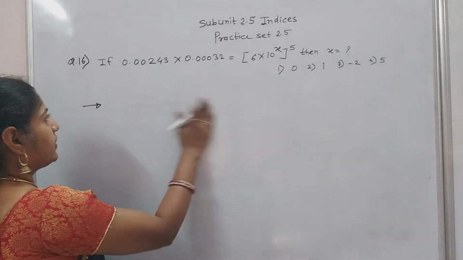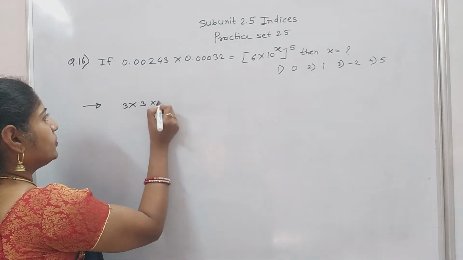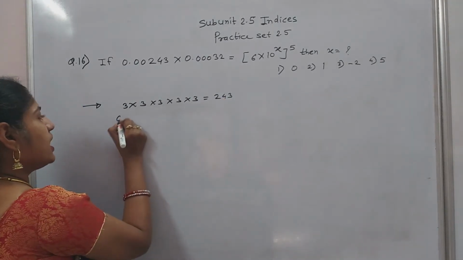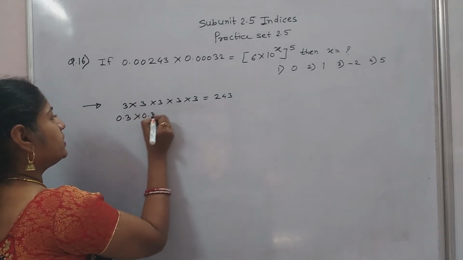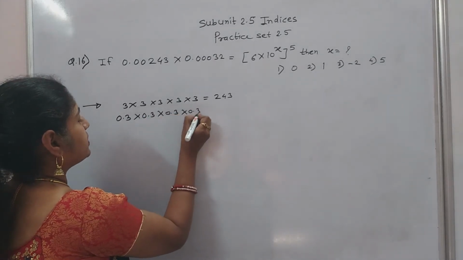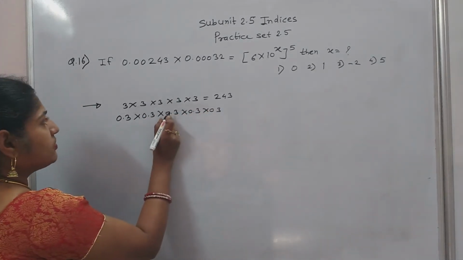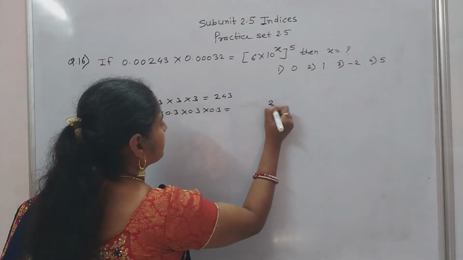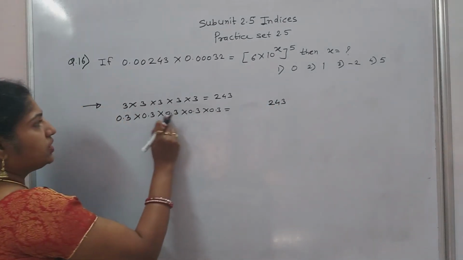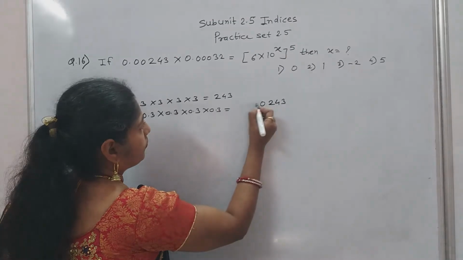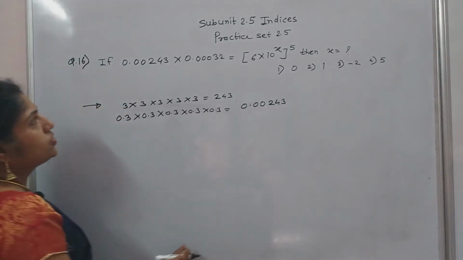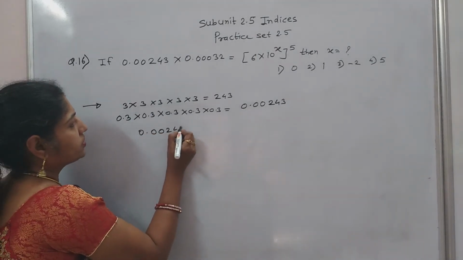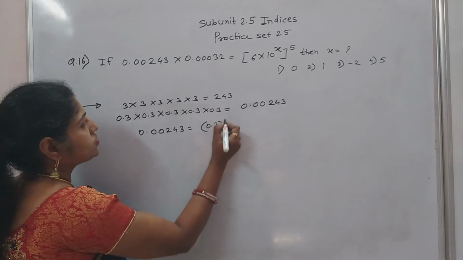Or we can write 3 into 3 into 3 into 3 into 3 equal to 243, as well as 0.3 into 0.3 into 0.3 into 0.3 into 0.3. 5 times the multiplication of 0.3, the multiplication is 243, and decimal places 1, 2, 3, 4, 5. So 0.00243 means 0.3 raised to 5.